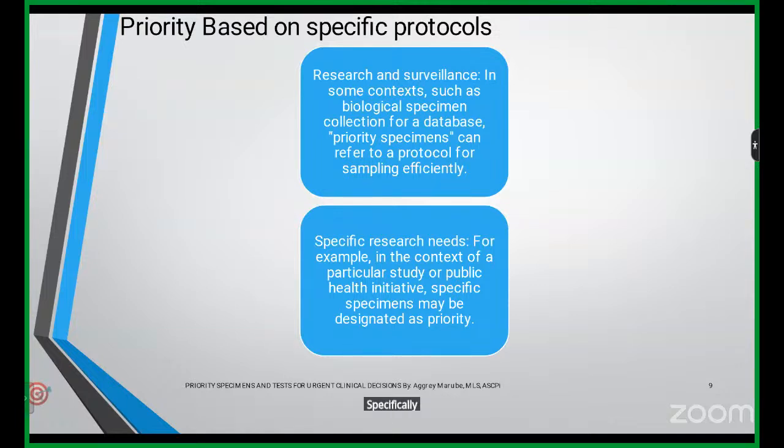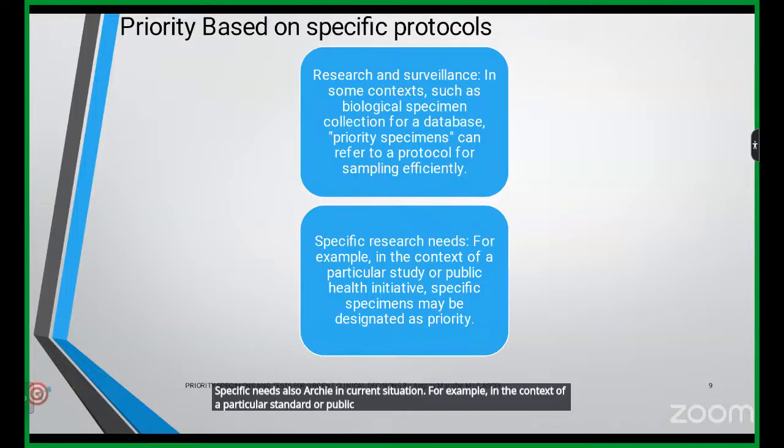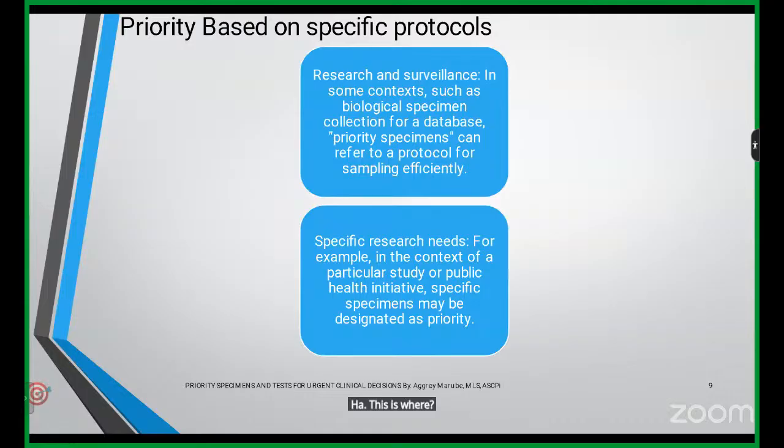Specific research needs also are key in prioritization. For example, in the context of a particular study or public health initiative, specific specimens may be designated as priority. Now, this is where prioritization changes because of the nature of the case that we are handling.